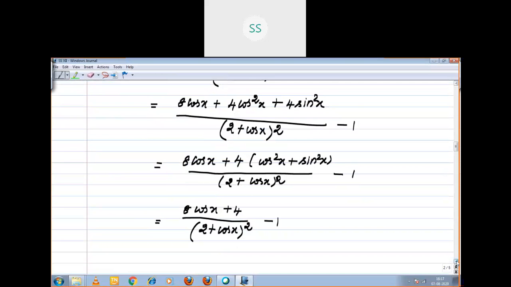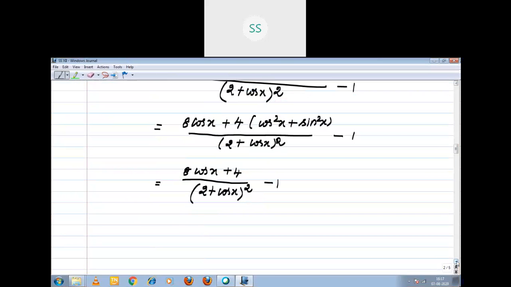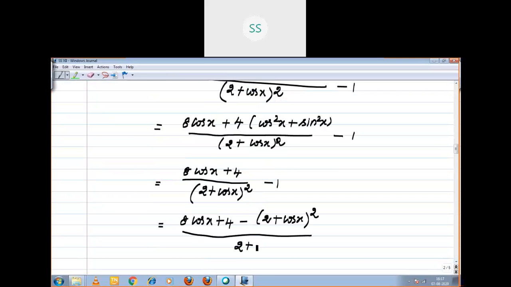Right? 8 cos x plus 4 minus 2 plus cos x the whole square divided by 2 plus cos x the whole square. Right, children?